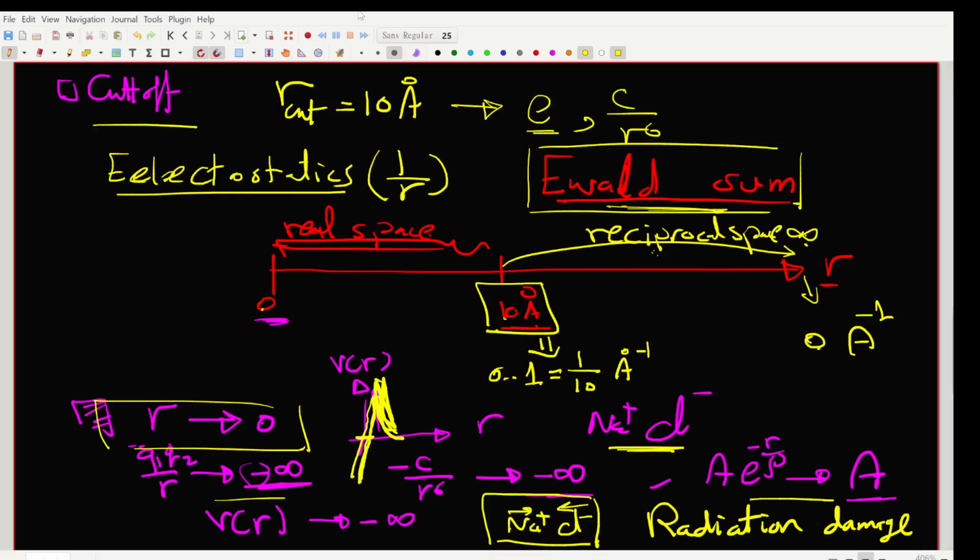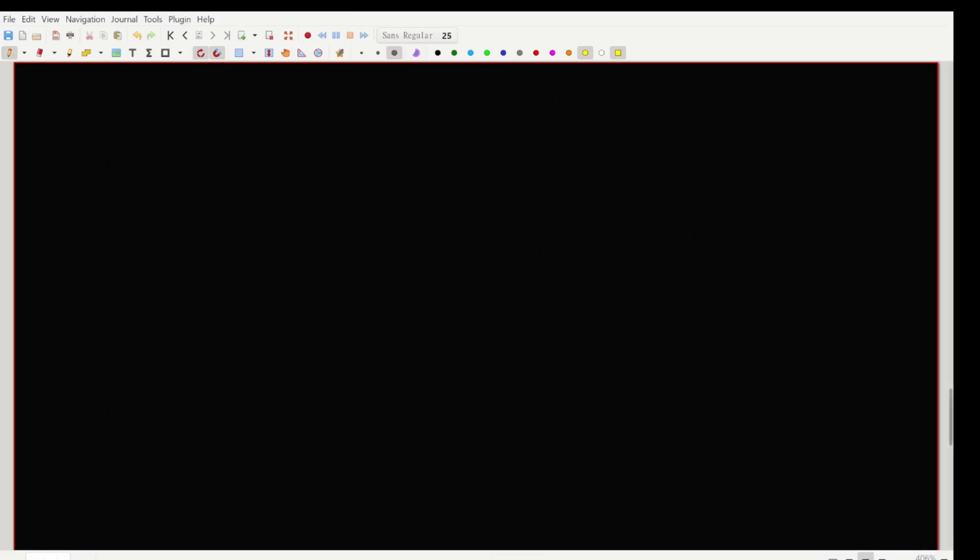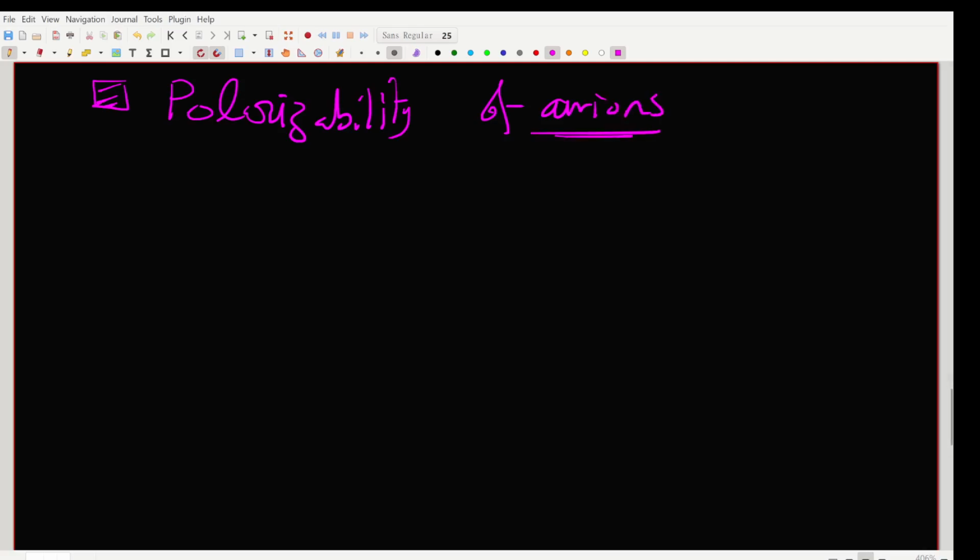Now, a final comment on Buckingham, which is related to polarizability. Polarizability of especially anions, I would say. Anions, like the oxide ion, for example, tend to be fluffy.